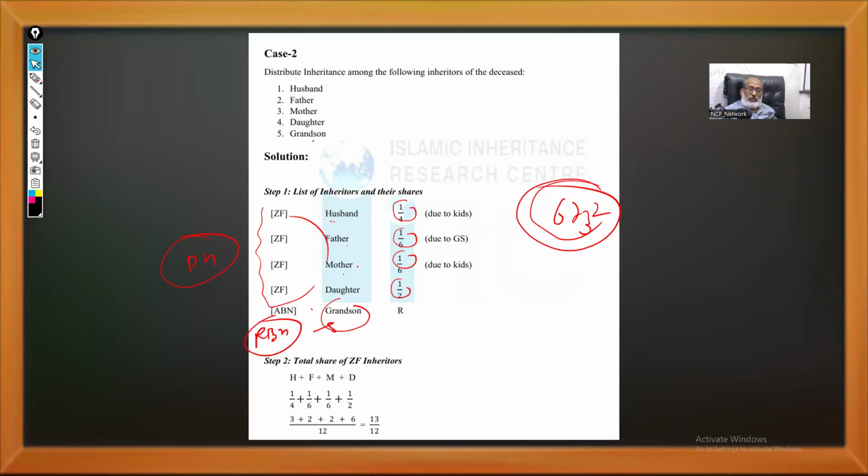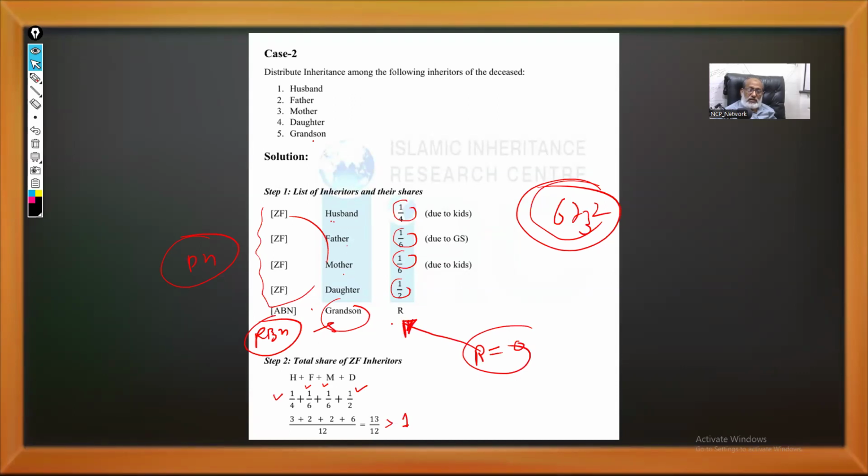If you simplify the total share of the primary heirs, you can see that the share of the husband is 1 by 4, father is 1 by 6, mother is 1 by 6, and the daughter is 1 by 6. And you can see yourself, that is 13/12, greater than 1. So there is no residue for the grandson.